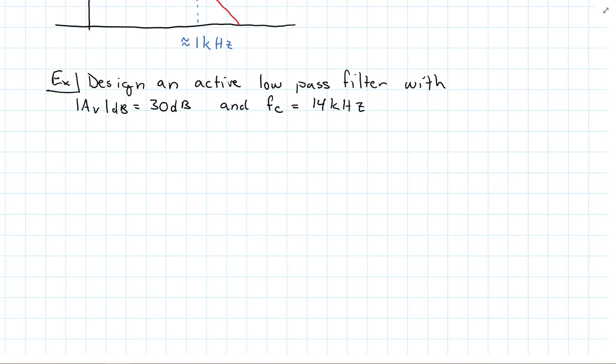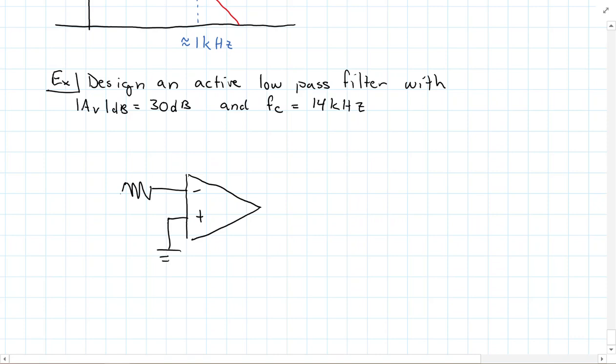So with this design here, we know what the circuit's going to look like. The circuit's going to look like this. We know this is what my ultimate circuit's going to look like.